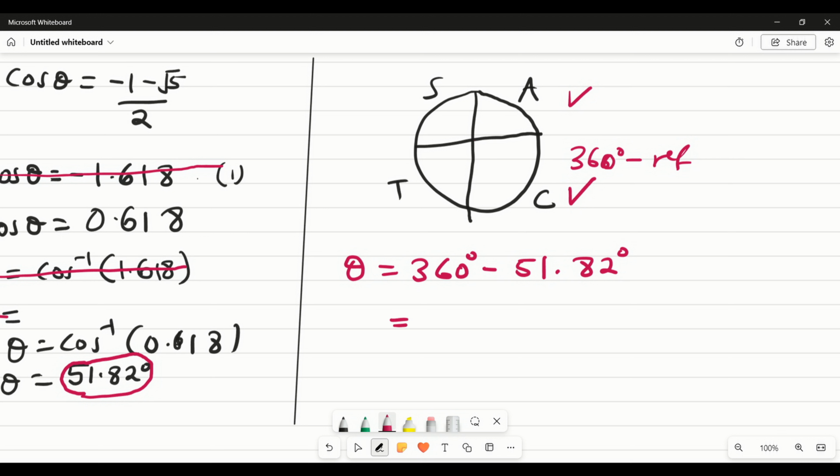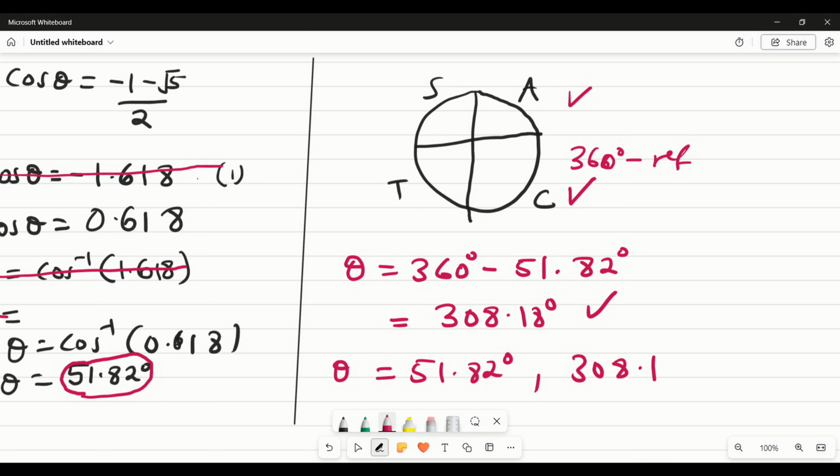And this one is giving us what? So that's 360 minus 51.82. It's giving us 308.18 degrees. So our values of theta are either 51.82 degrees or 308.18 degrees. Good. That is it for part A.